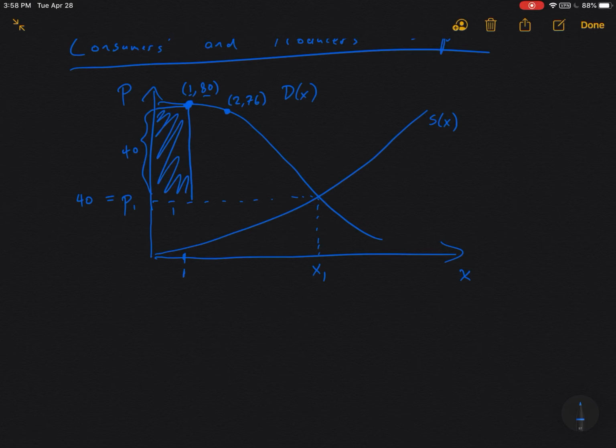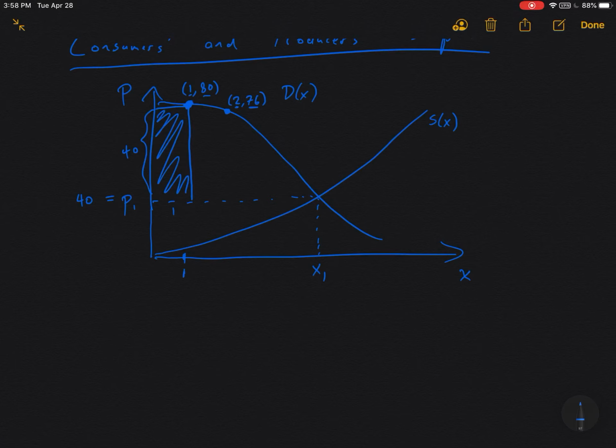So remember that what the demand curve is telling you is how many items would get sold at this price. So this is saying that 2 items would get sold at $76. Now we already know that there was one person who was desperate enough to buy this for $80, but what this second point means is that there is one more person who's desperate enough to buy it at $76.